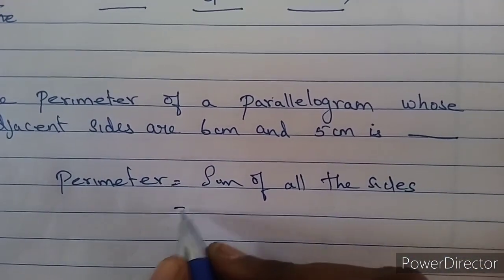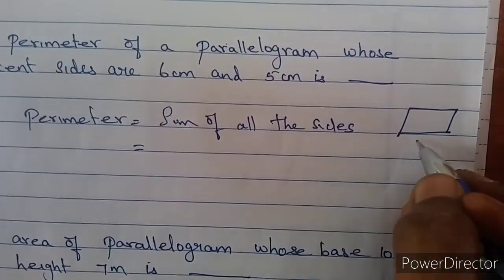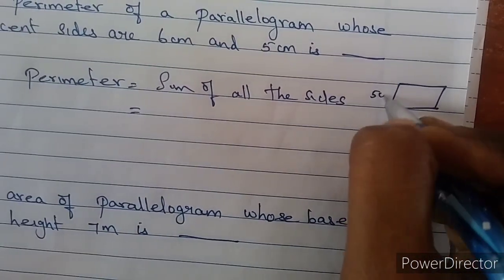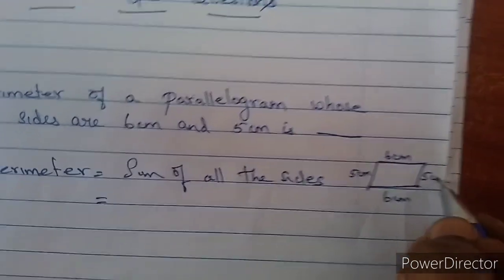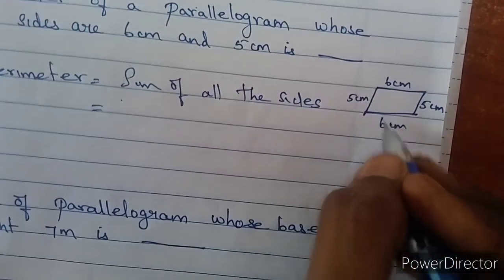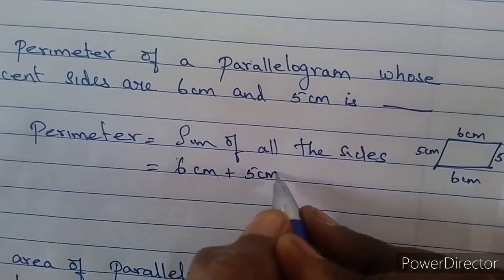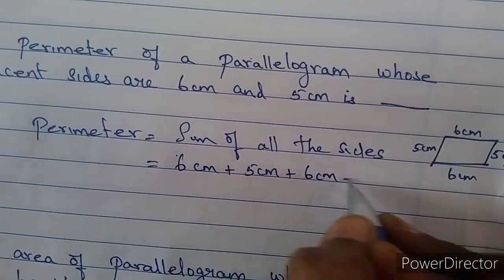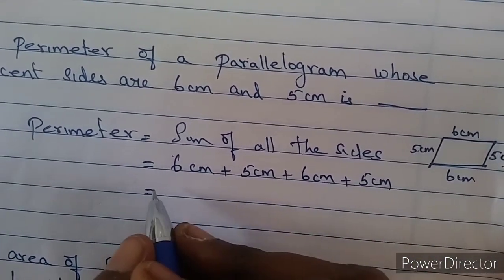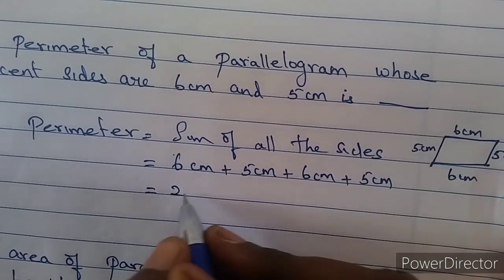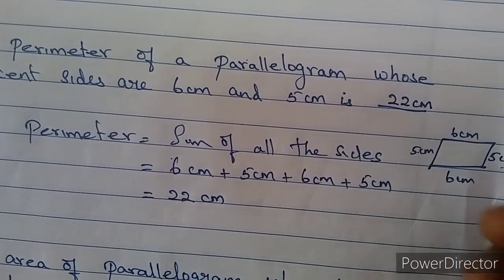Here they given 6 cm, 5 cm, parallel sides are equal. So again 6 cm, 5 cm. So we should add all the 4 sides. 6 cm plus 5 cm plus 6 cm plus 5 cm. If you add these numbers, you will get 22 centimeter. So your answer is 22 centimeter.